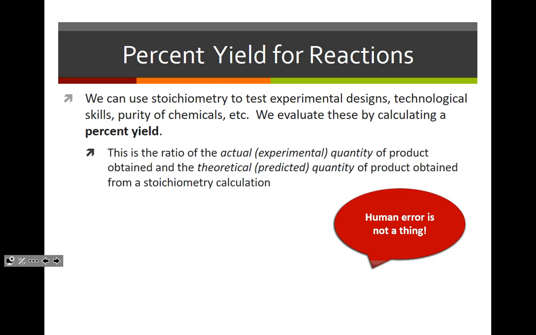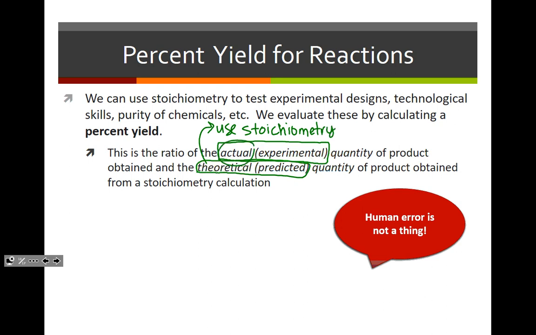This is the ratio, and this is where it becomes important, of the actual, another word for actual is experimental, quantity of a product obtained and the theoretical or predicted. Now the theoretical, use your stoichiometry to find this, to find the predicted.